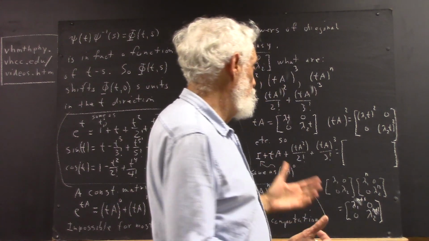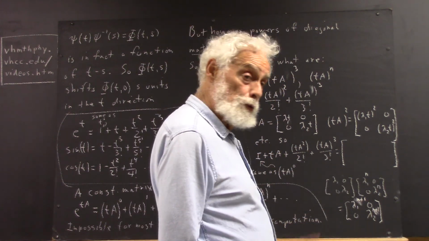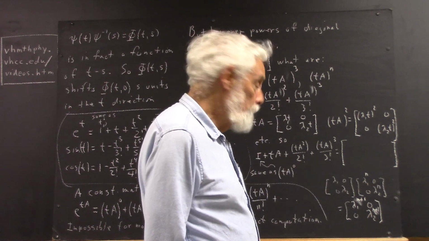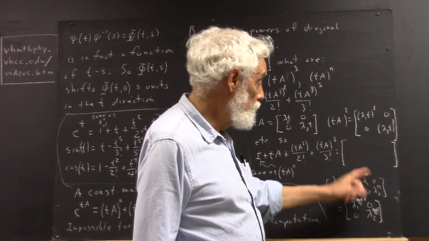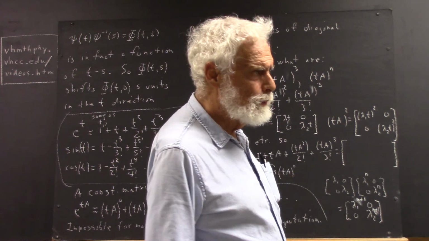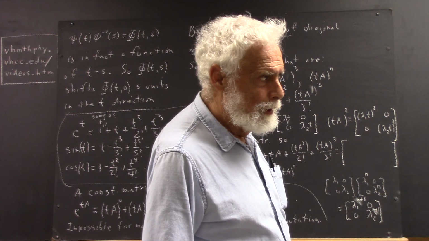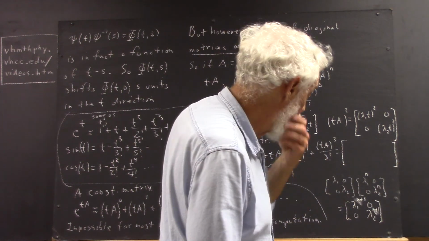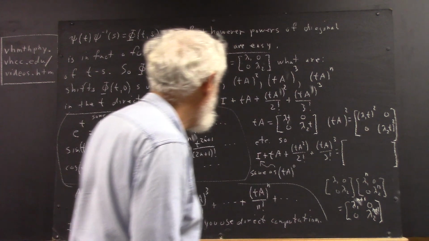So you've proven that it's true for the square, for n equals 2, and you've proven that if it's true for n, it's true for n plus 1. So you don't even have to go into this. You can just say, well, it's true for the square, so it's got to be true for the cube, so it's got to be true for the 4th power, because it's always true for the next power.